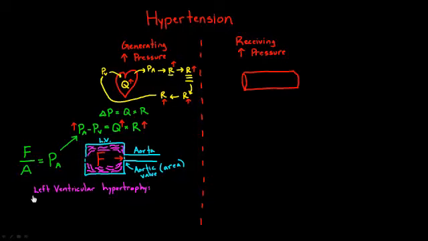And so what happens is that you have areas where blood is basically able to get to those areas, and other areas where blood is not able to get there, and where the blood is unable to get enough oxygen to that heart muscle, you could have a heart attack or a myocardial infarction. So left ventricular hypertrophy is a way of compensating for needing more force.